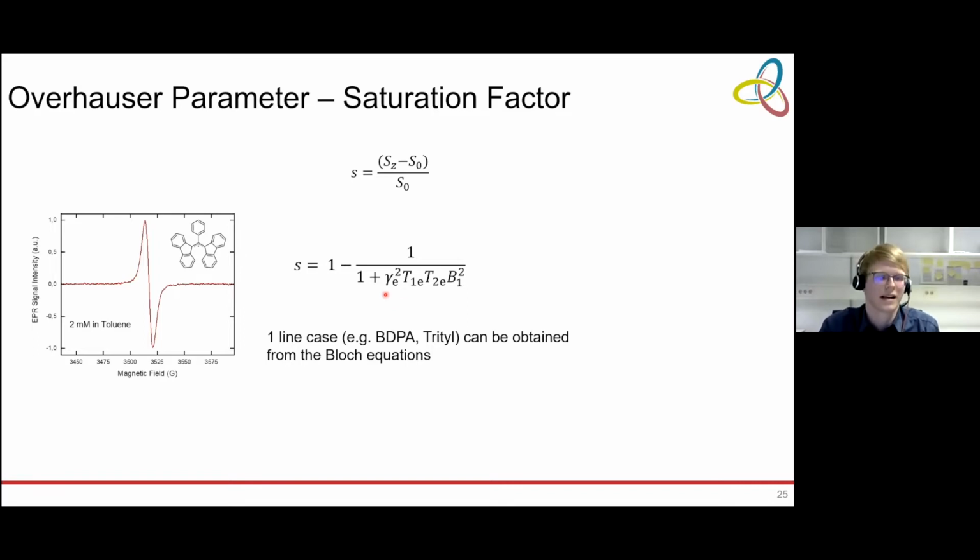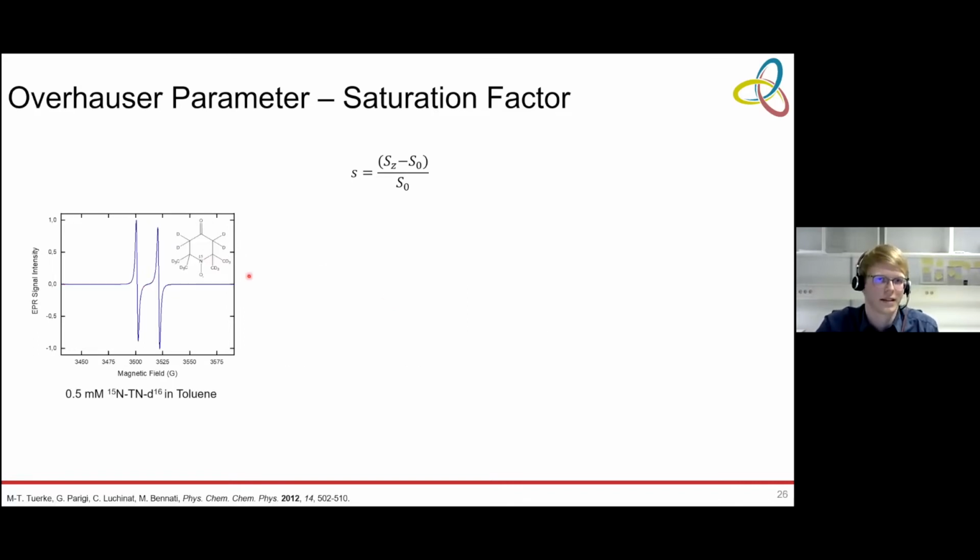However, if we now go to a radical that is used abundantly in DNP measurements in liquids, we find that nitroxides at least have a two-line system. If we have 15N labeled nitroxides, if it's 14N, we have even 3 lines in the EPR spectrum due to the hyperfine coupling. And if we can only irradiate with one given frequency, that would result in an expected saturation factor of only 1/2, because we can only irradiate on this position.